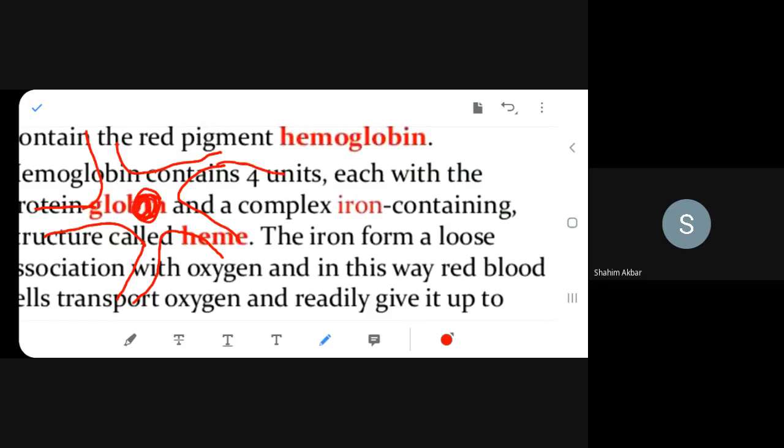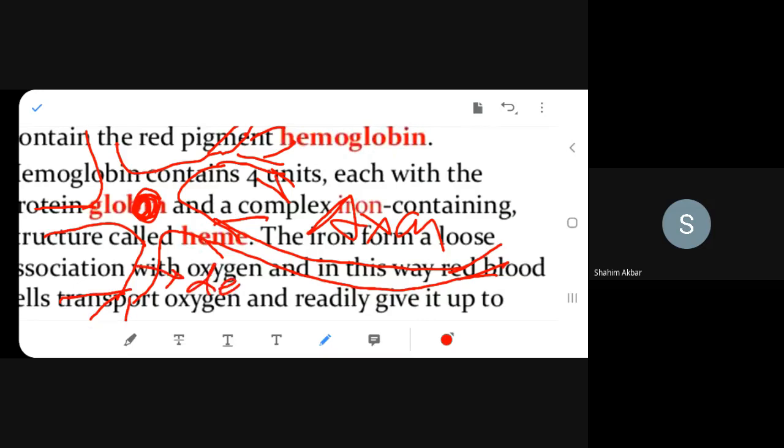Further, it gets divided. This is a long tube-like structure, which is known as axon. They are further divided. This is dendron, and just further dividing into dendrites. And the whole cell structure, the cell body, is known as cyton.